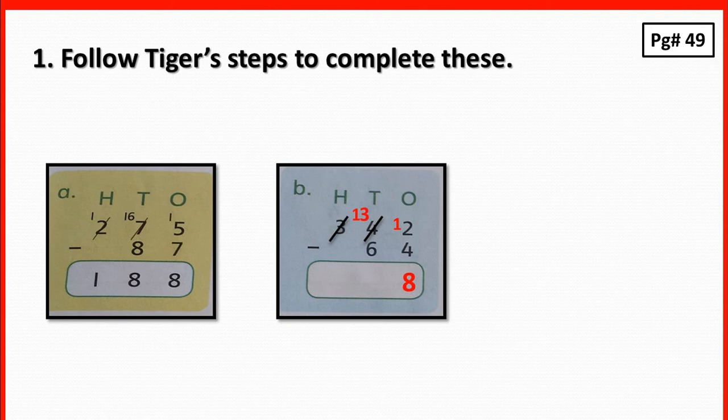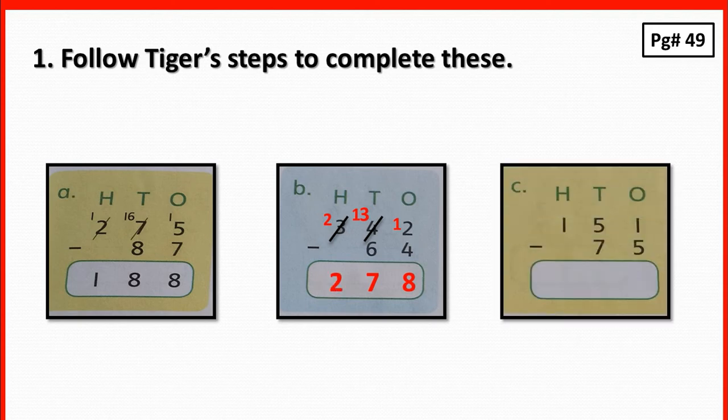Now there are 13 tens and 2 hundreds are left. Now subtract 6 from 13. So when you subtract 6 from 13, the number becomes 7. Now come to hundreds. There is nothing to subtract from 2. So here we write 2.